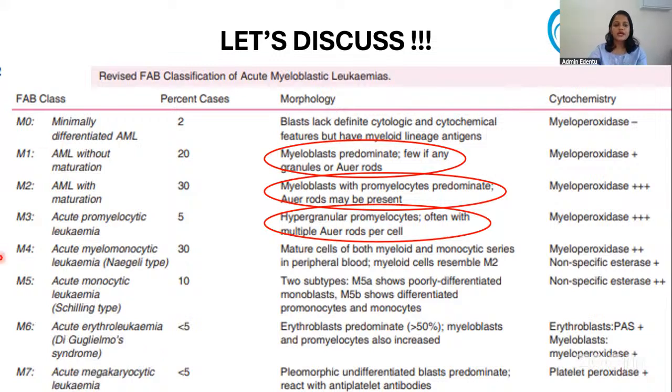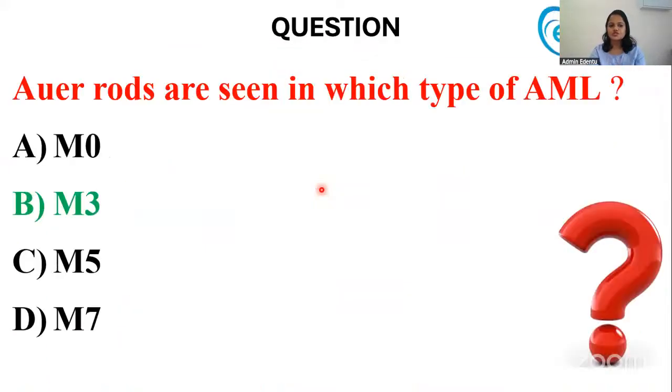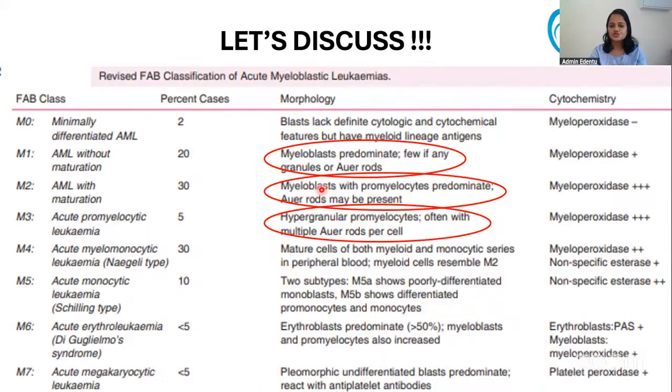According to this classification, only in M1, M2 and M3 will you be able to see the Auer rods. In the options only M3 is given, since 1, 2, 3 is not there, so we are choosing M3. M3 will have the presence of Auer rods.